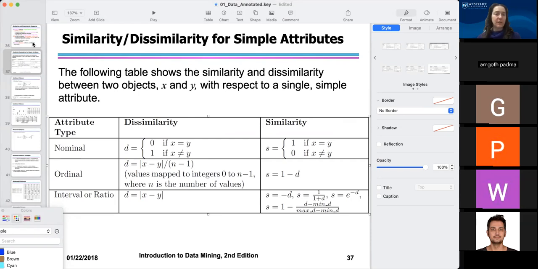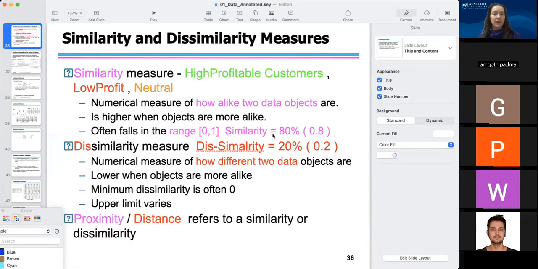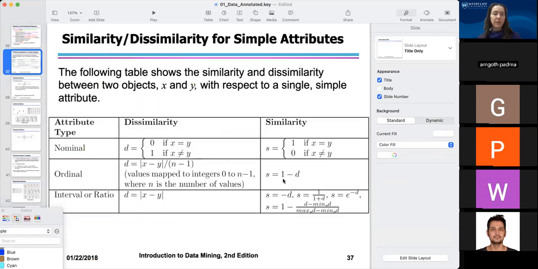But what this is basically showing is that the similarity is between 0 and 1, and the dissimilarity would be 1 minus the similarity. So if similarity is 0.8, 1 minus 0.8 will be 0.2. So it is basically showing similarity is 1 minus the dissimilarity.